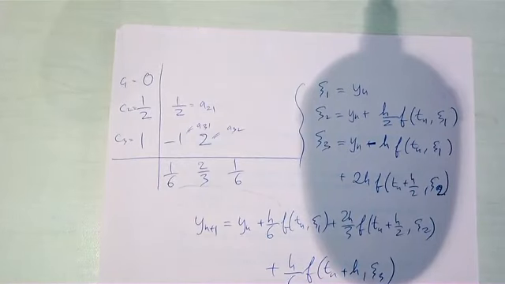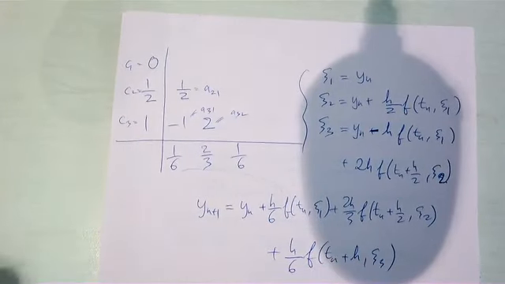Okay, so given a table, you can write down the formula for Yn plus 1 easily. Okay, and if you don't write the correct formula, your ODE solver is not going to give you a good numerical solution.